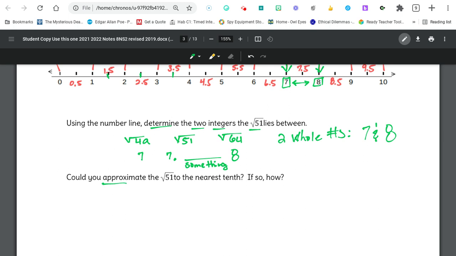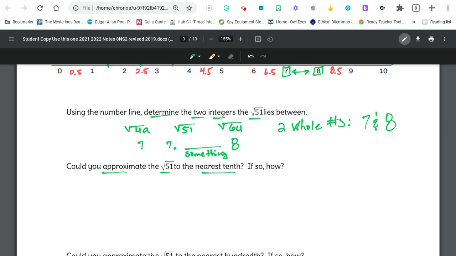All right, it says, could you approximate the square root of 51 to the nearest tenth? I'm going to show you how, okay? So I know the two whole numbers it lies between would be 7 and 8. So I'm going to think about, if I have place value system, tenths is one place after the decimal. So to the nearest tenth, I just need one place after the decimal.